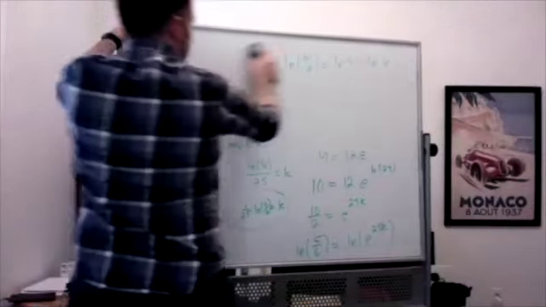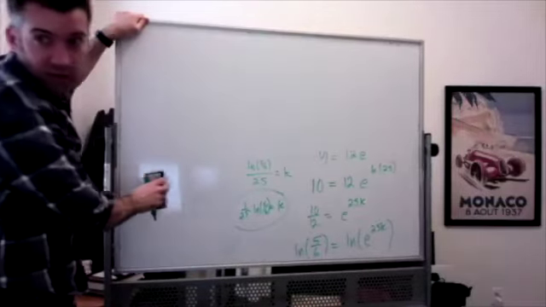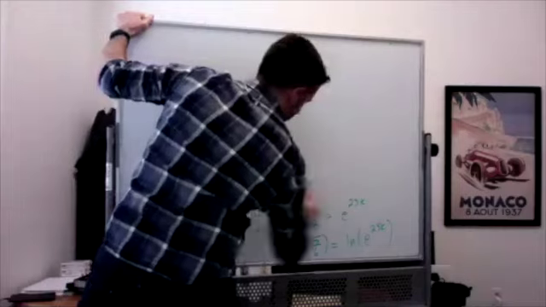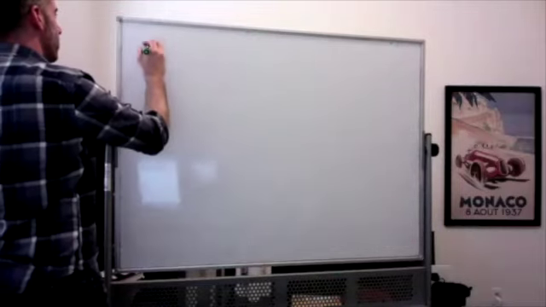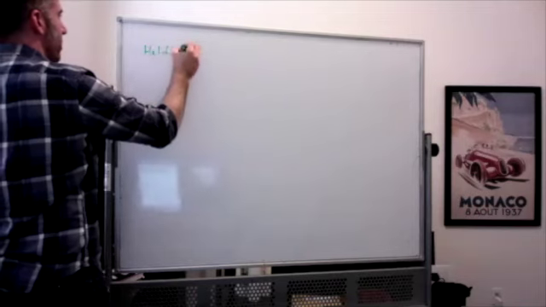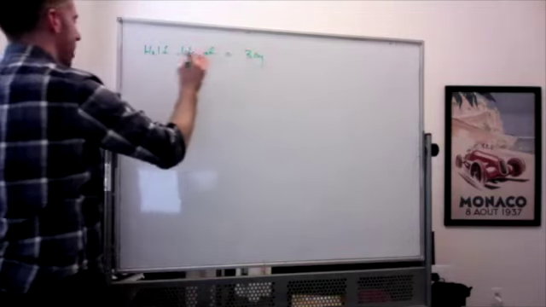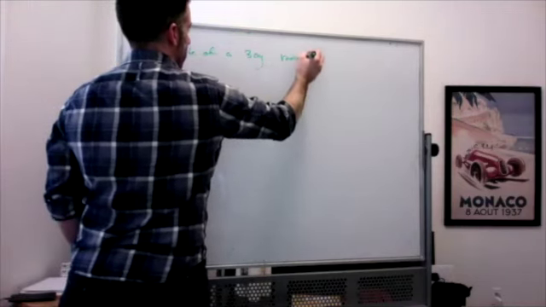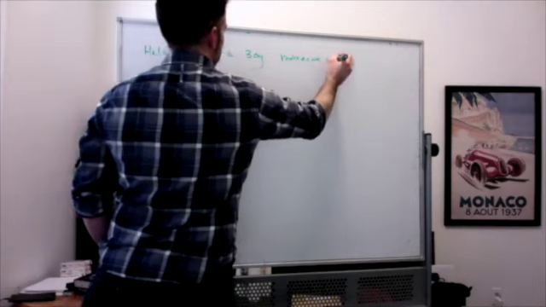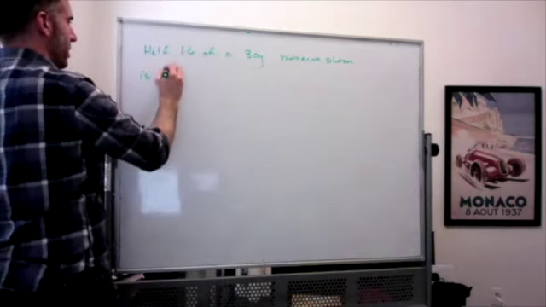It also works for exponential decay. I'll just give you a real quick example of that before we do this last question here. So let's say that the half-life of a 30-gram radioactive substance is 11 days.